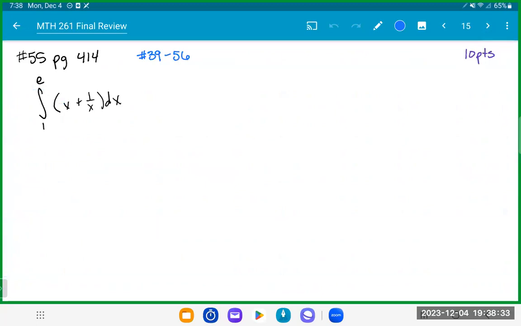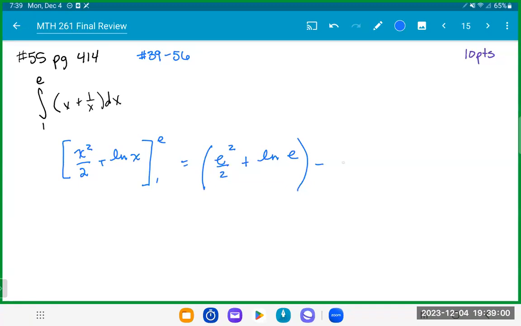Okay. So this next one, we're doing an integral from 1 to e. This is just the antiderivative: x squared over 2 plus ln of x, and we're going to evaluate that from 1 to e. So that is e squared over 2 plus ln of e, minus 1 squared over 2 plus ln of 1. We know that the ln of e is 1, and the ln of 1 is 0.